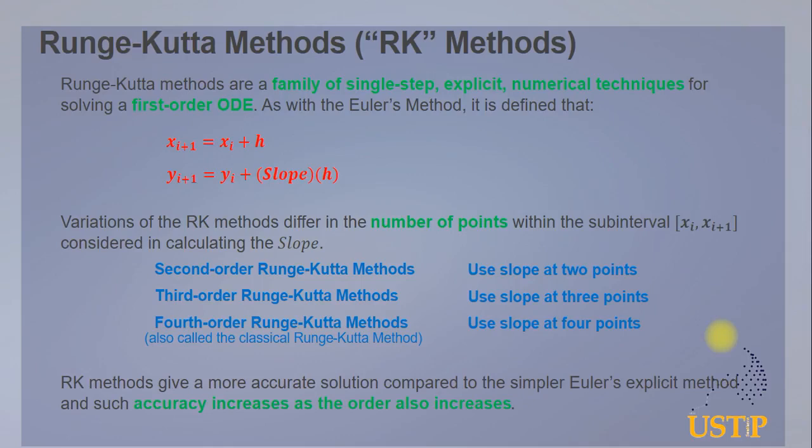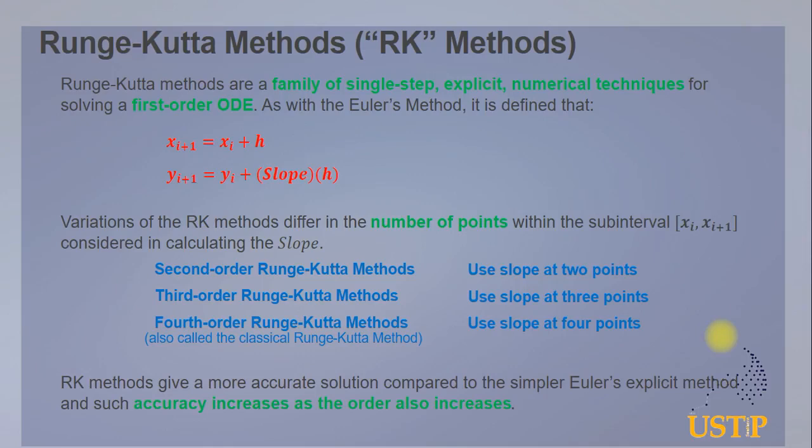Given the interval above, from 0 to 2.5, which is divided into 0.5, 1, then 1.5 until we reach 2.5, in between we still give sub-intervals to consider in calculating the slope.